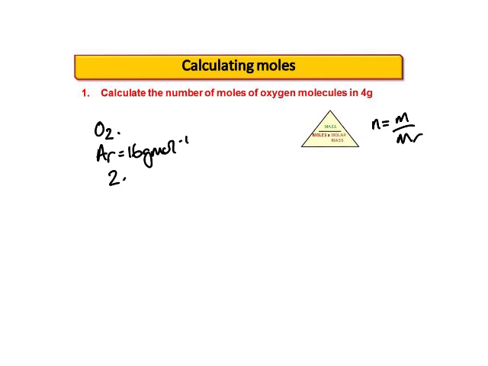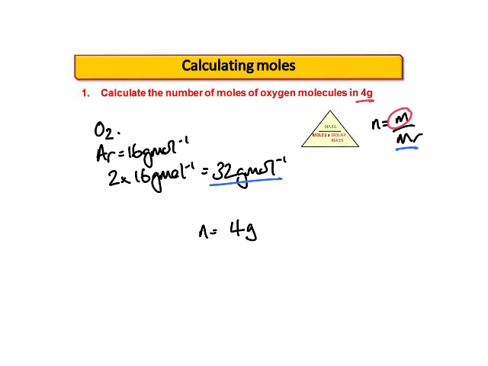So it's a simple calculation of 2 times 16 grams per mole, which equals 32 grams per mole. So right now we already know the Mr must go here. Now the mass, which is given in the question, is 4 grams, so that will appear here. So it's quite easy. Number of moles equals 4 grams divided by 32 grams per mole, which a quick calculation gives 0.125 moles.